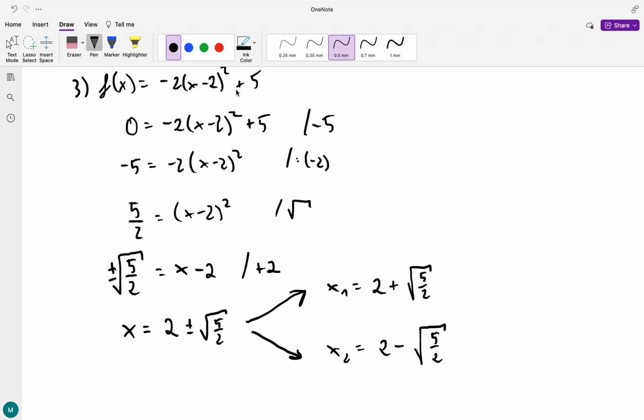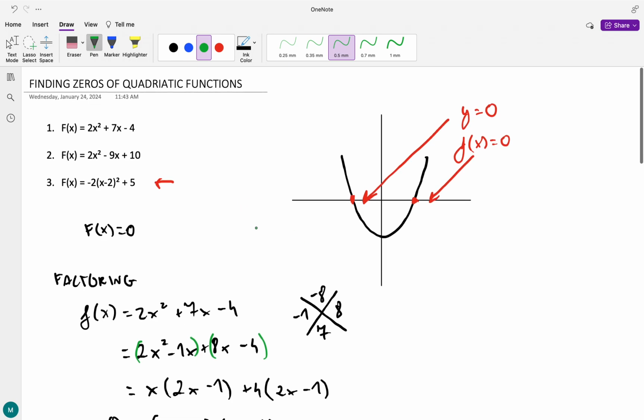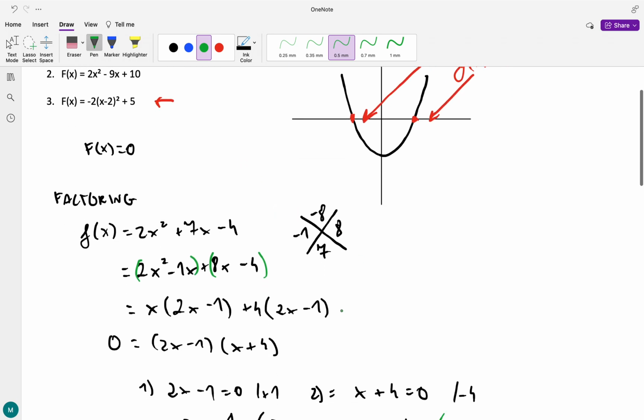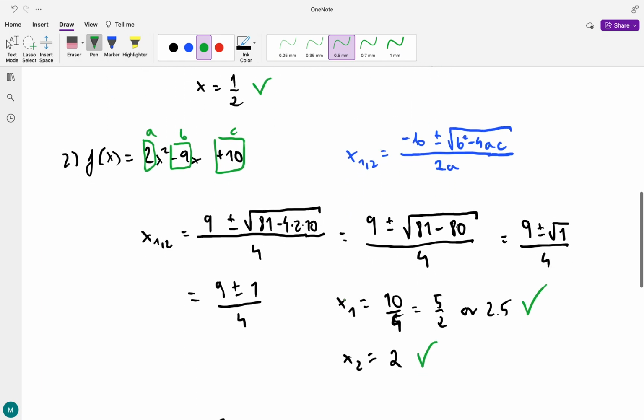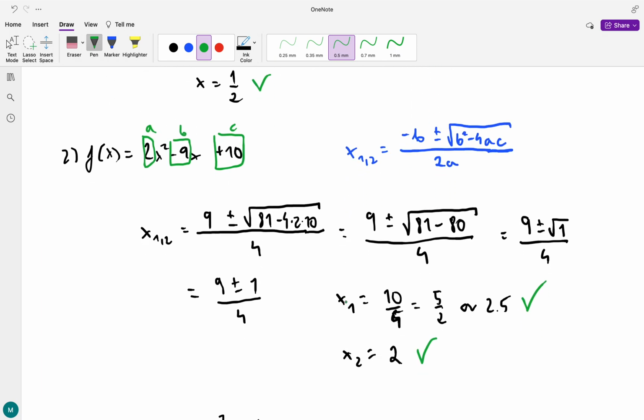So hopefully by now you are comfortable utilizing factoring and then making equal to 0 to find solutions of the quadratic function. You also should be comfortable with utilizing the quadratic formula. I particularly find it very useful, and when I was in school, that was my preferred method of finding x1 and x2 of any quadratic function.